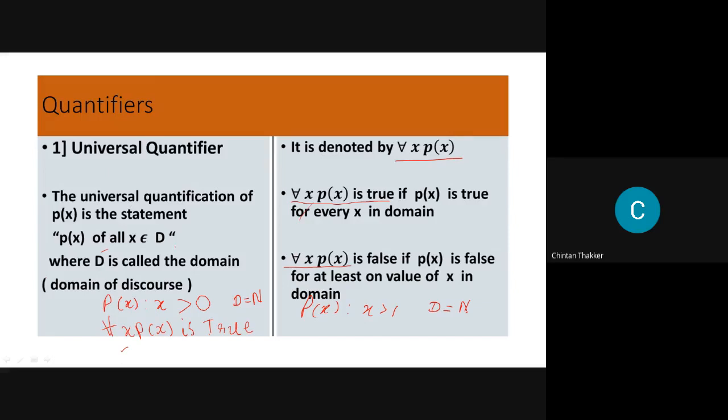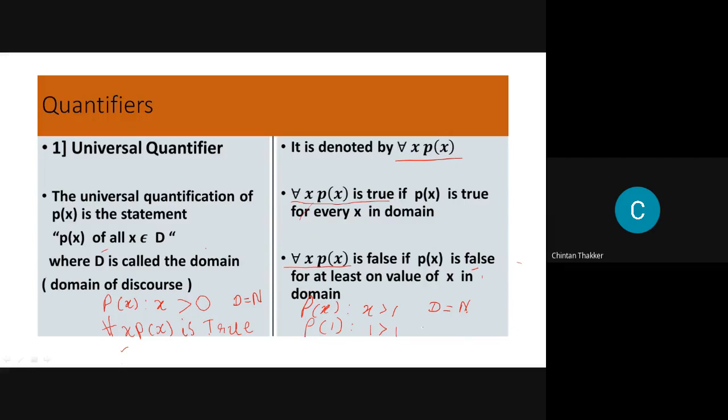Only if we take P(1), then it will be 1 greater than 1.